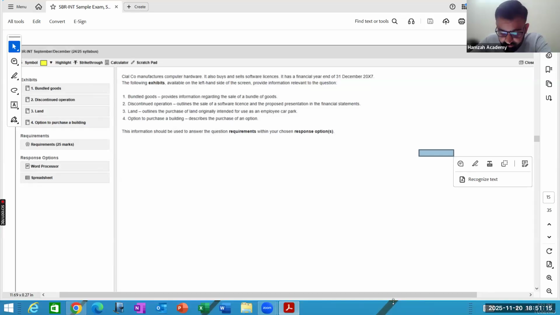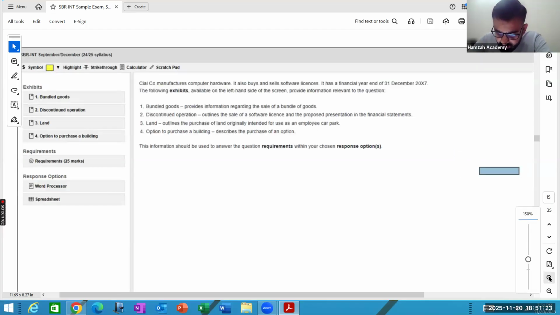The first exhibit relates to the bundle of goods, providing information regarding the sale of the bundle of goods. It seems that it will be from IFRS 15 revenue.